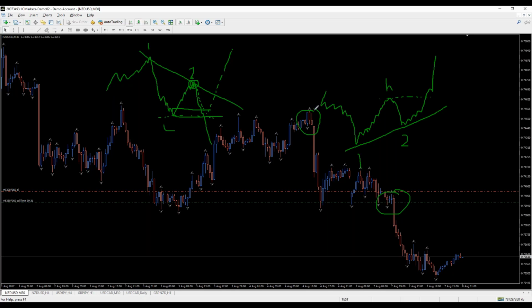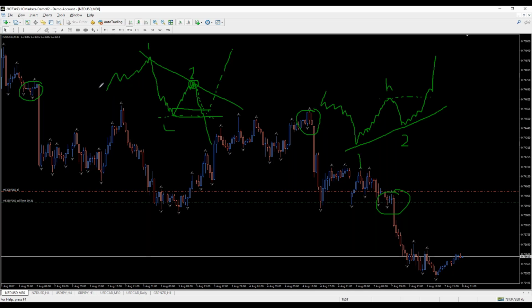I like those, but I'm not a chart pattern guru at all, so I don't even know what half of them are called. So I just look for the ones that make sense, and this makes sense, and this makes sense here. And so these are definitely the ones that I'm going to look for.